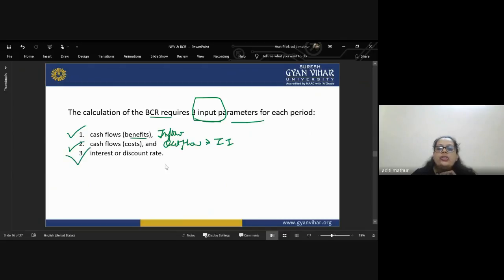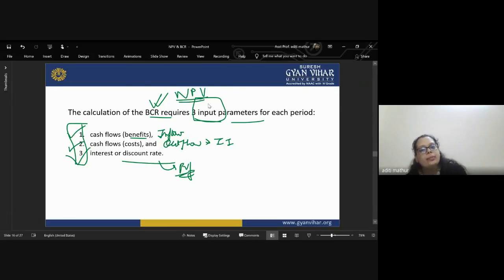And then the interest or discount rate, your PVF factor, right? So these three things are required for the calculation of your BCR, and the same three input parameters are required for your NPV calculations also, right?